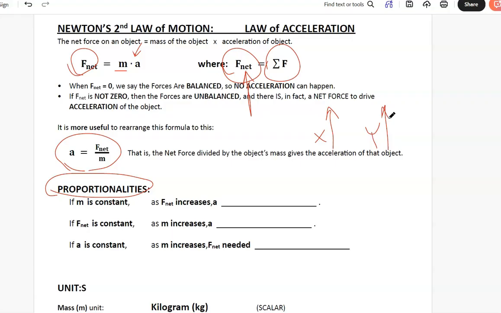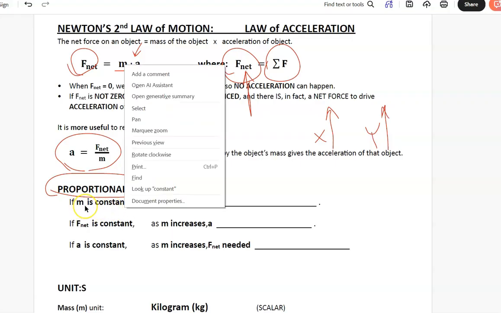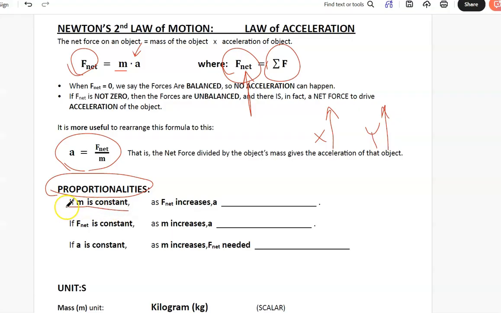So you'll notice in the list here of proportionalities, it always says what's constant, what we're not changing. So here we've got, if mass is constant, in other words, we're not worried about mass, we're only looking at net force and acceleration. If net force increases, what happens to the acceleration?